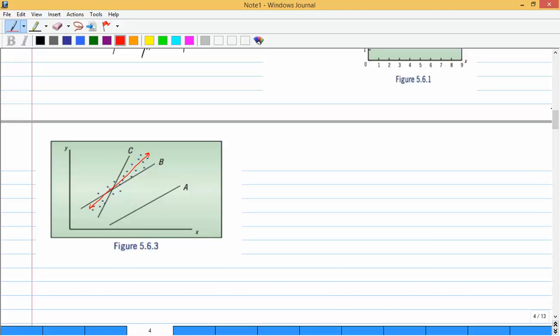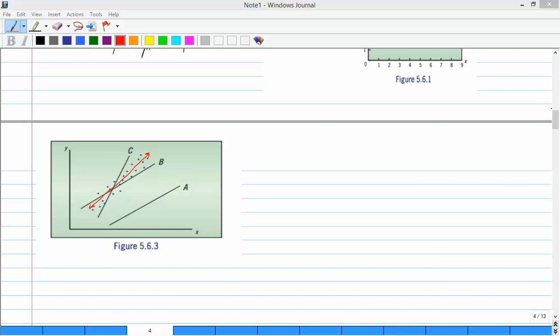So the actual formula is very intimidating because it's not easy, and that's why calculators or computer-aided software usually come up with the regression line.